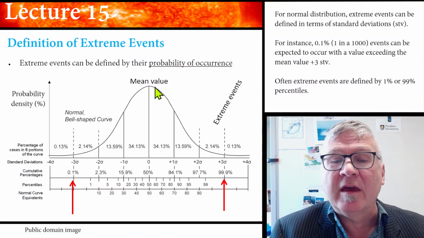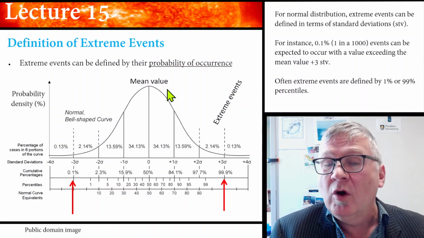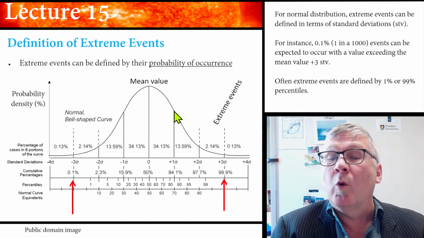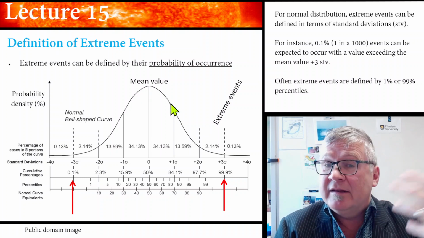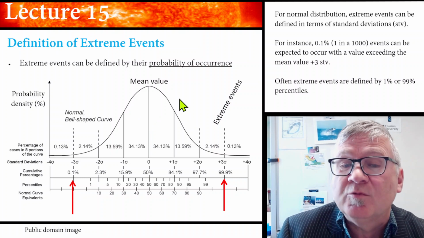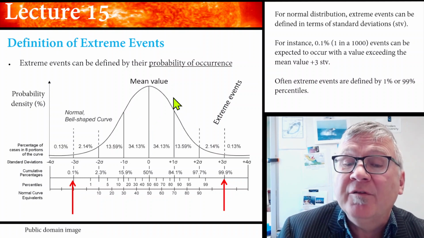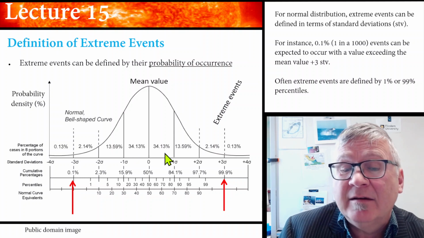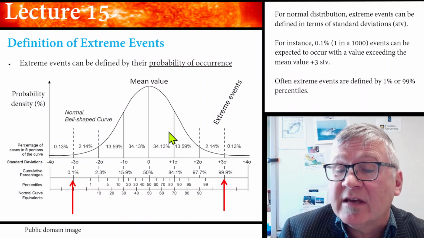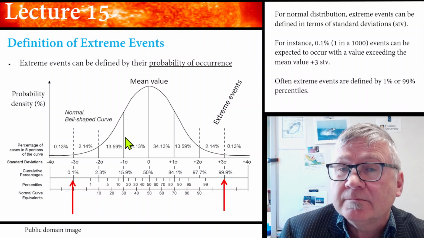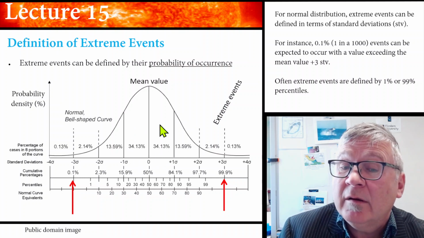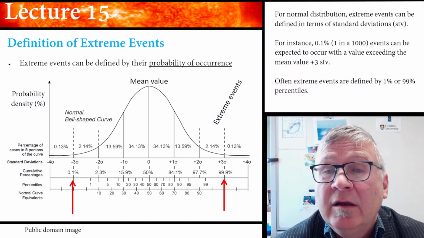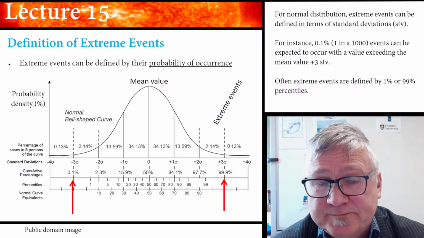So you're talking about this part of your distribution. And you can work out that 68% of all values are within this range. And that's the case for any normal distribution that you get.